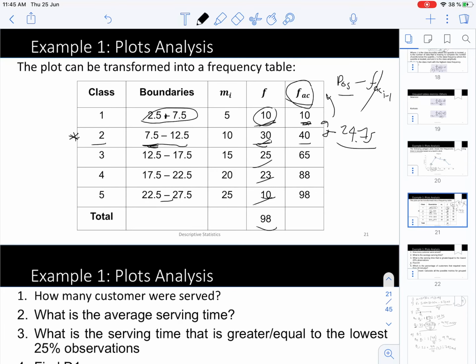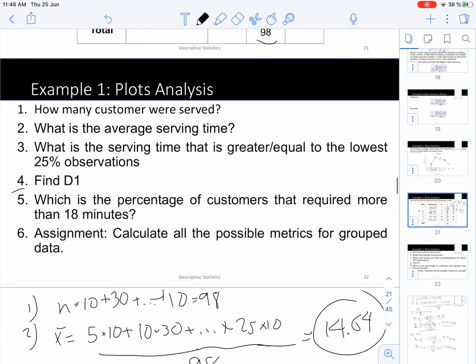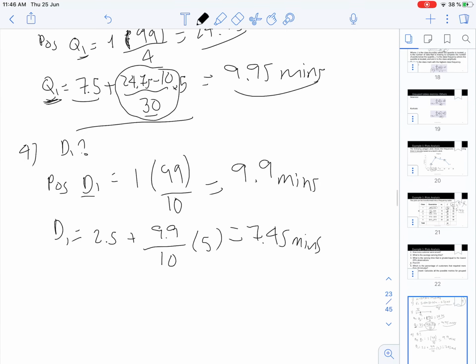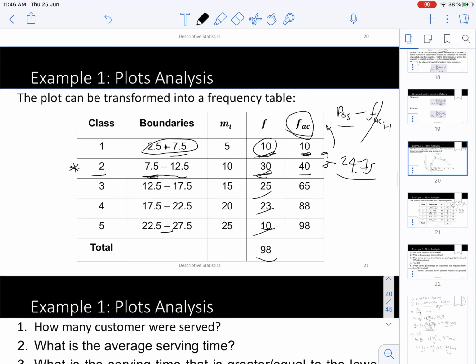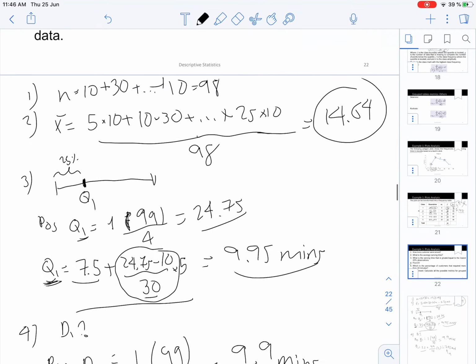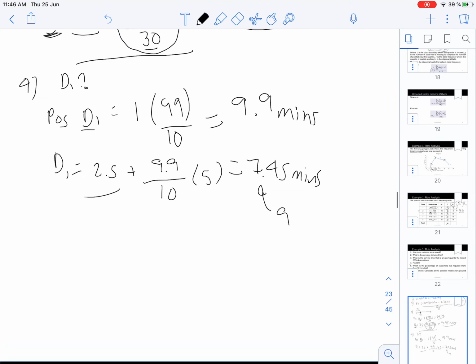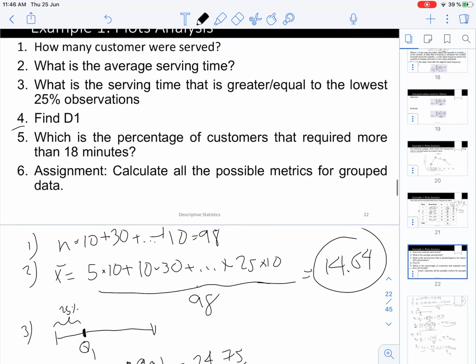If you get something bigger than the upper boundary of the class where the position is located, then there is something wrong with your equation. For example, if I'm using the first class here and I get something like 9 minutes, it doesn't make sense at all because the upper boundary is 7.5. That's something inconsistent. So you always need to check if your numbers make sense, right? Please be careful when you are doing all the calculations.